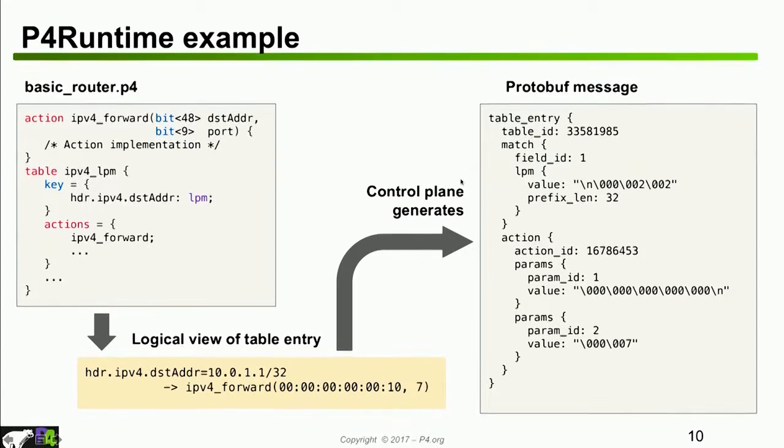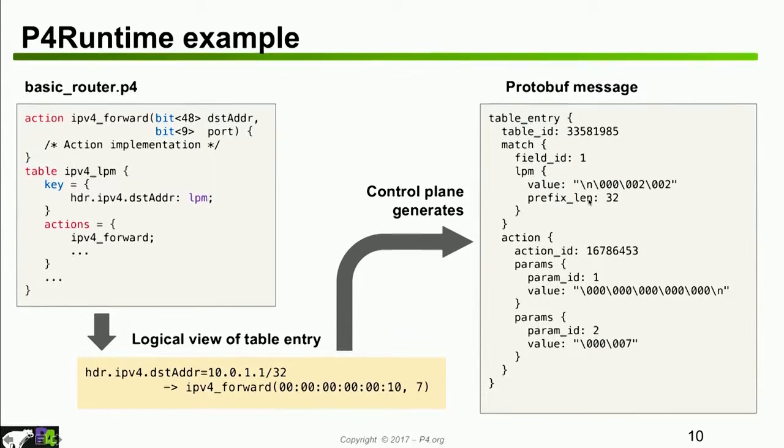The control plane, with the P4info on one end, will need to generate this protobuf message. So this is very similar to the protobuf definition I showed you before. The only difference is that here we have the different fields populated. So we have the corresponding table ID, a sequence of match fields, each one with its ID, like the one we saw on the P4info. The value in this case uses protobuf byte encoding.